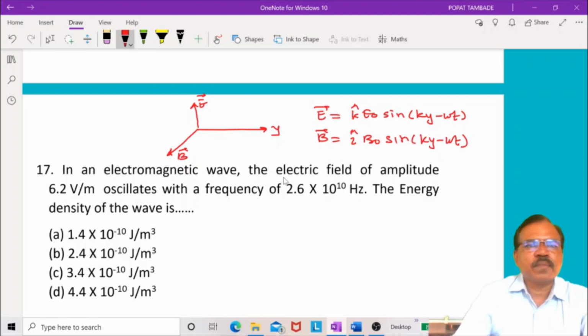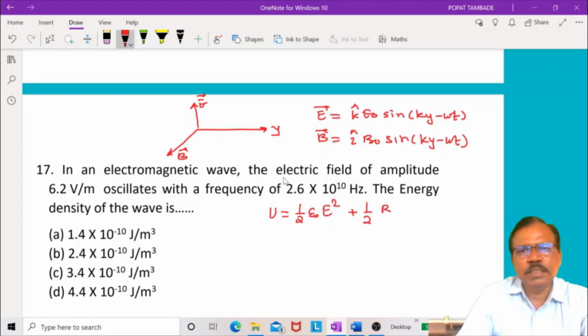Now here, what is the energy density of the wave? Energy density of the wave is given as U is equal to 1/2 epsilon 0 E square plus 1/2 B square upon mu 0.